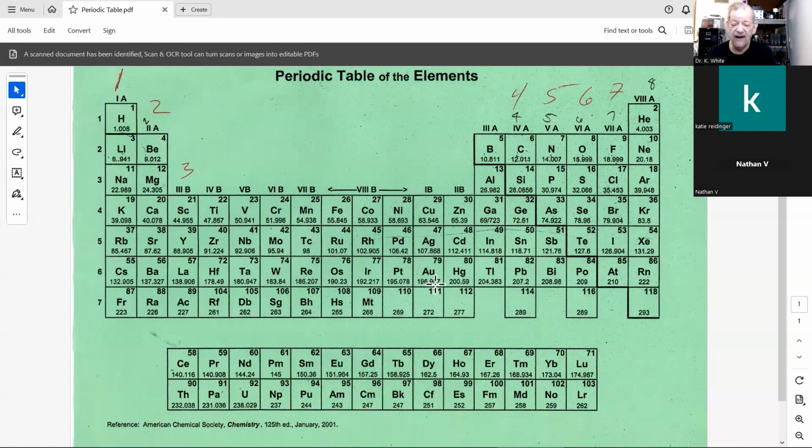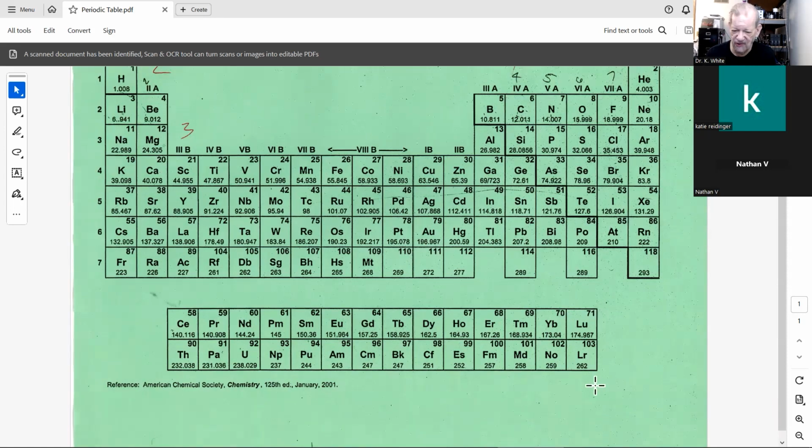Now, this periodic table has 103 elements. Guess what? Most of those I have never used or will never use or never considered working with. And neither will you. None of us, I will bet, and when I say I'll bet, I know I've already won, will ever use Lawrencium, Lr 103.